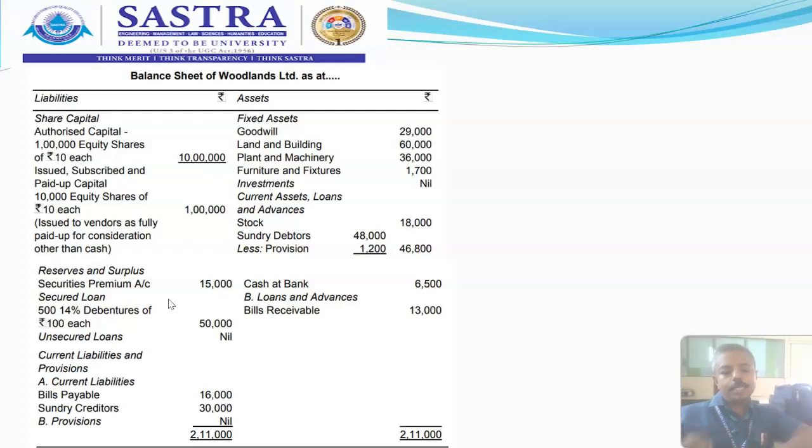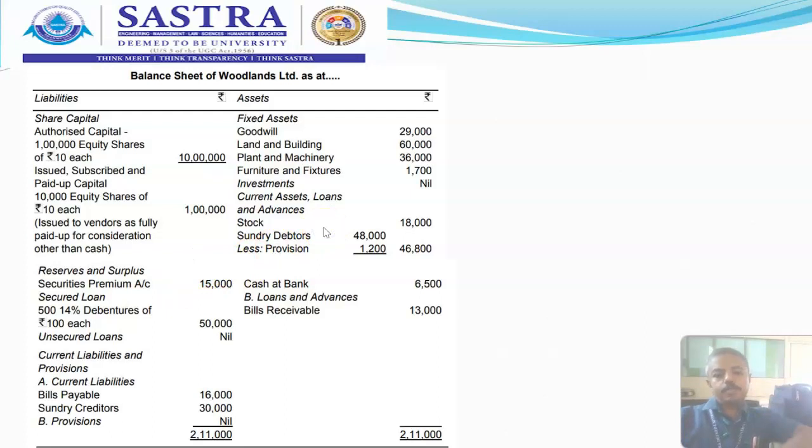From the day of acquisition, they may decide the depreciation percentage based on their experience, and then they will follow the written down value method. Hence, in all other assets they did not show the depreciation or appreciation separately, whereas for the sundry debtors alone, we have shown the adjustments separately.